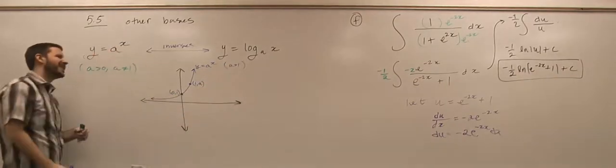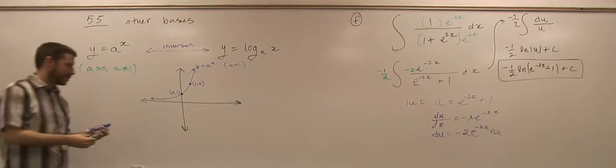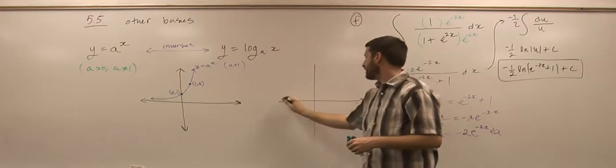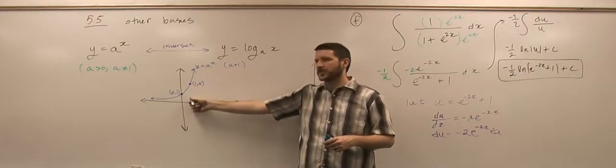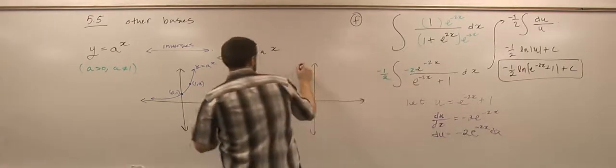Do you know what happens if a is less than 1? Nothing. You die. If a is less than 1, then when you plug in 1, you get out a fraction. So the graph ends up looking like this.